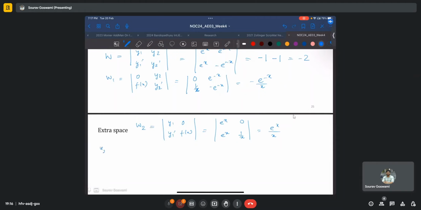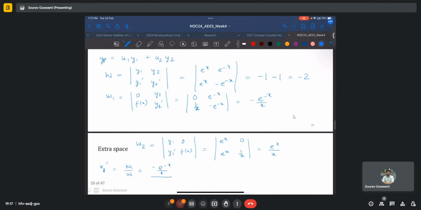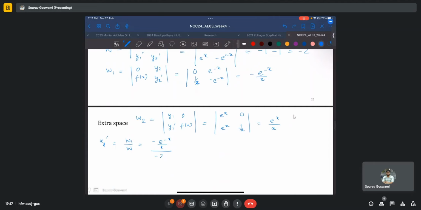So from the standard formula, we know that u1 prime is equal to W1 by W, which is equal to minus e power minus x by x by minus 2, or e power minus x by 2x. Thus u1 would be the indefinite integral of u1 prime dx.